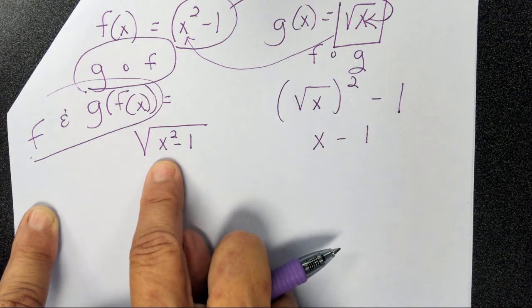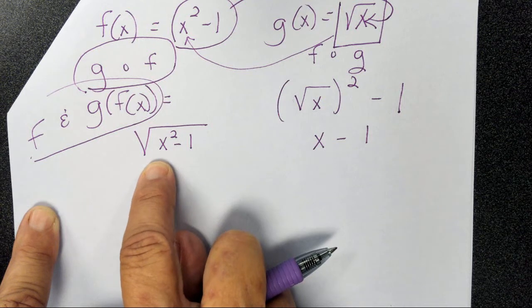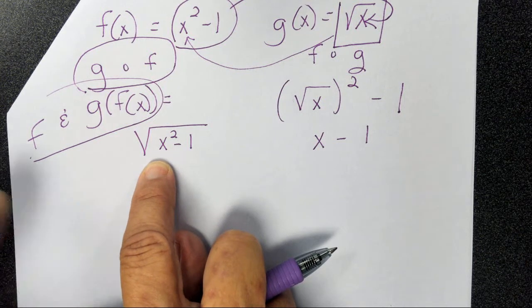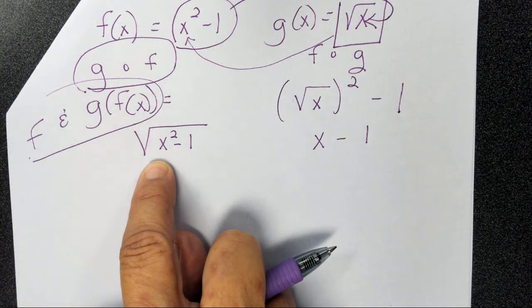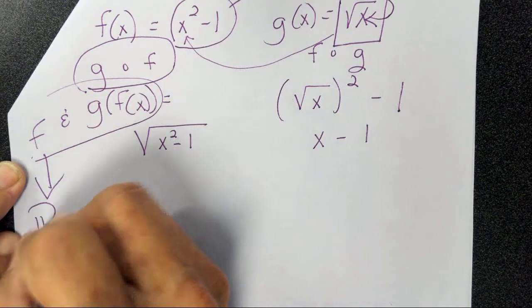So this has to be greater than or equal to 0. What's the magic number I can square and subtract 1 from it and get 0? 1. And then 2, 3, 4, 5. Or negative 2, negative 3, negative 4, negative 5, right? So F has a domain of all real numbers.